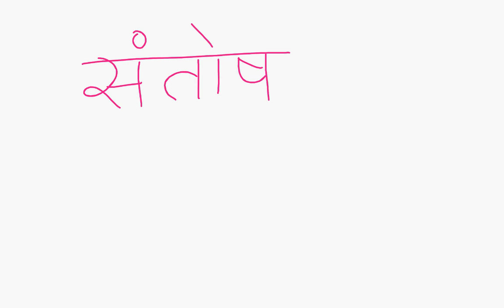Now there are two ways which are possible to pronounce here. One is Santosha without bringing a na in between, and there is another way to pronounce it, bringing na in between, because this is not the last line of the consonants, like ya ra la va sha sha sa ha. This is not one of them.